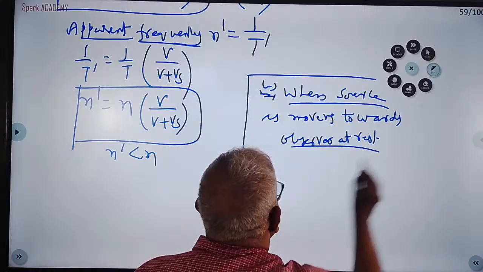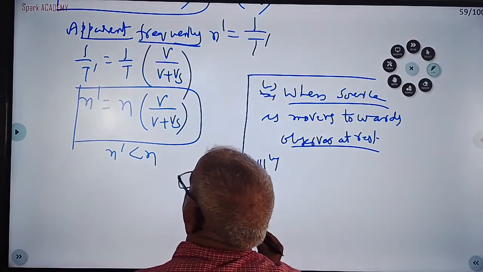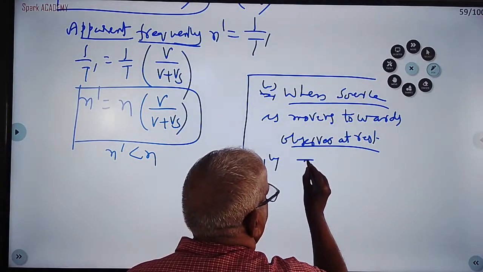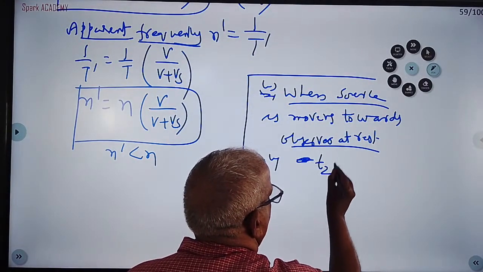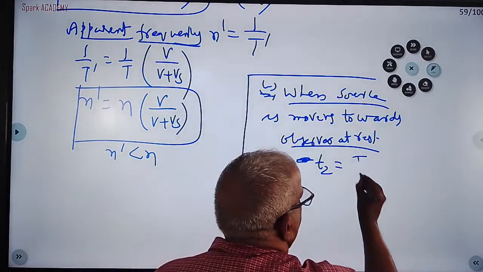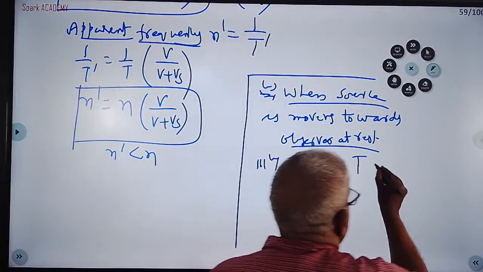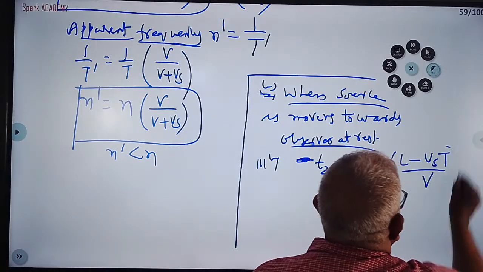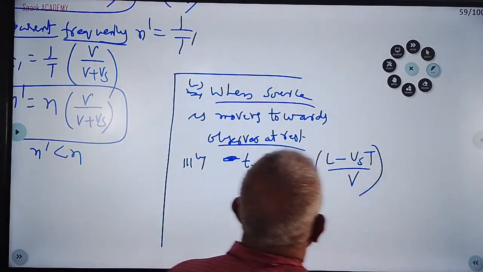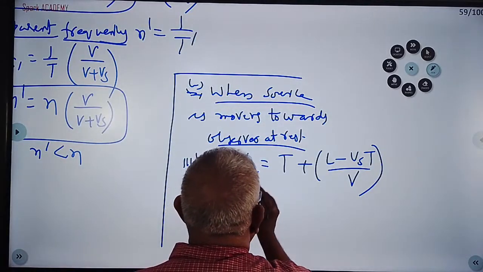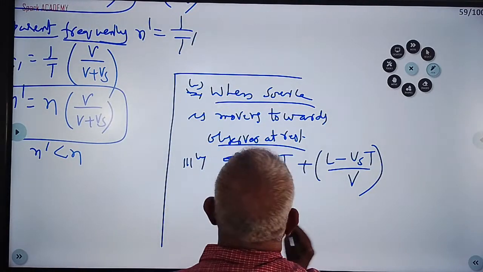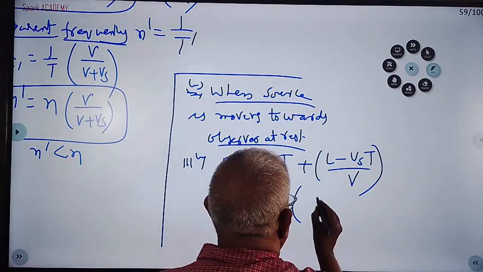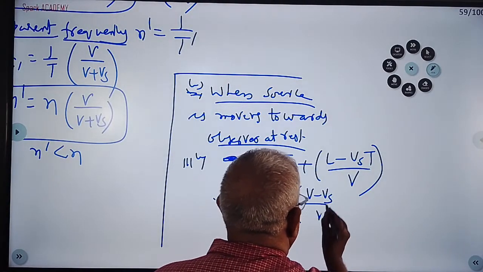Similarly you can write for the source moving towards the observer. Here T2 time period is T plus L minus Vs into T by V. Therefore the apparent time period you will get as T into V minus Vs by V.